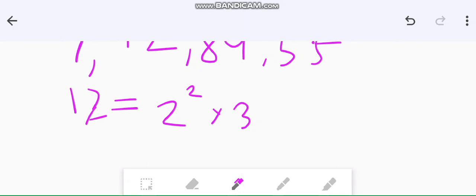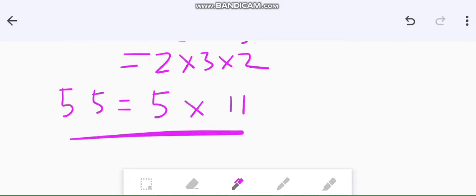You can obviously write it in this way: 2 multiplied with 3 multiplied with 2. This can also be written in the canonical form, since we now know what is canonical. So 55, how can we write? 5 times 11 is 55, and 5 is a prime, 11 is a prime.